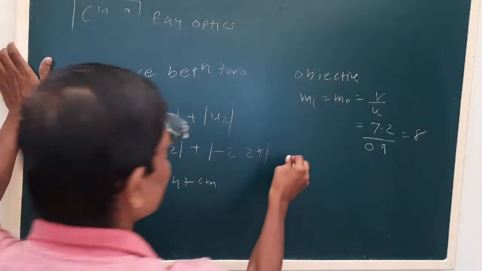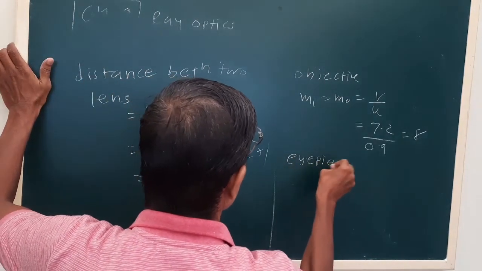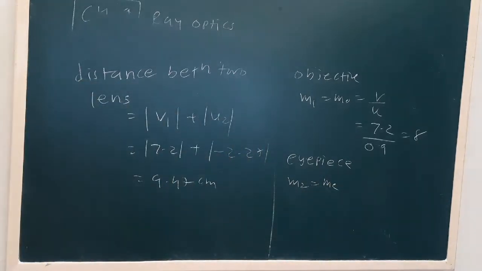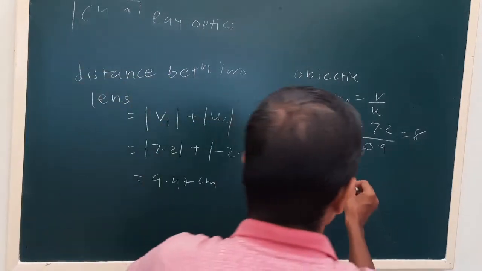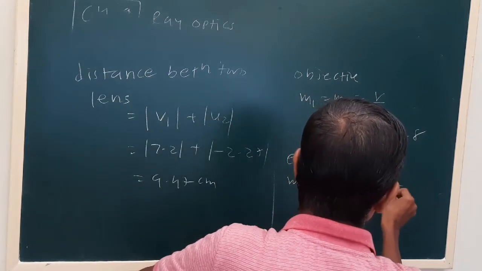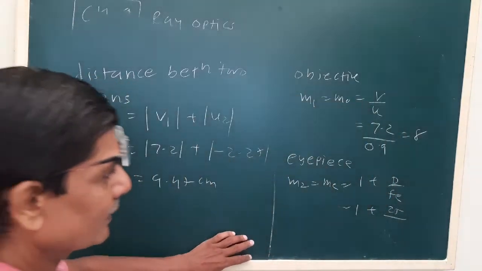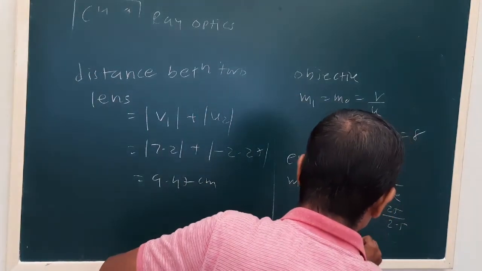Now for eyepiece, M2 or ME. Now see here, the image is formed at a near point, so we have to use 1 plus D by FE. D is 25. See FE we have obtained, we are given 2.5.